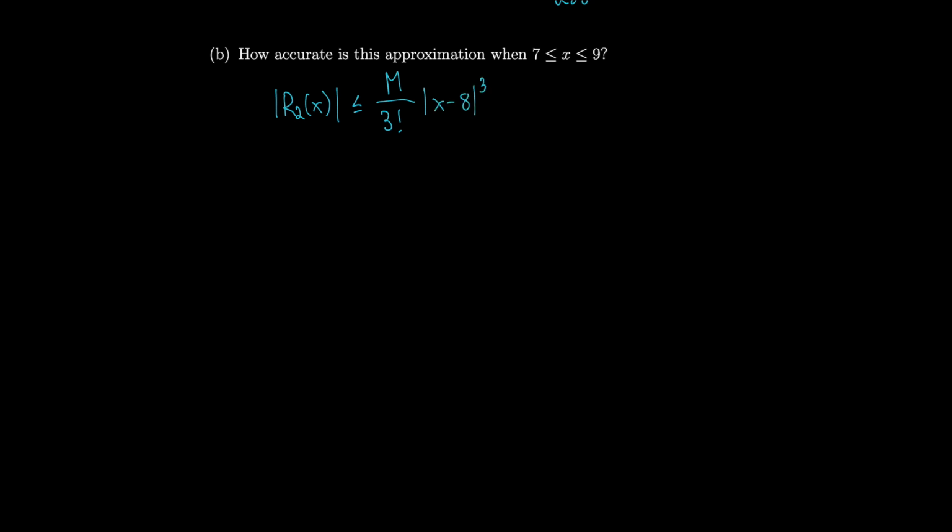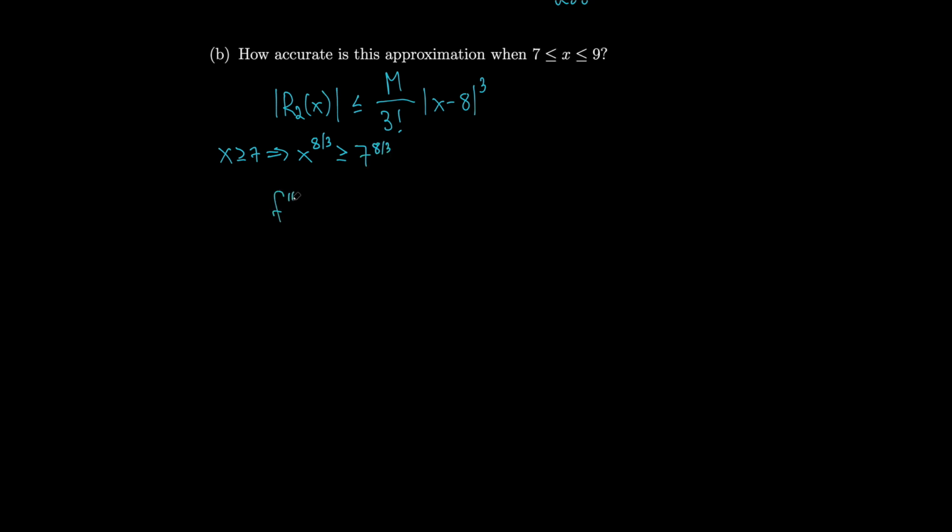So we need to find out what M is, and we need some sort of bound on x minus 8 cubed. So we know that x is greater than or equal to 7. So that implies that x to the 8/3 is greater than or equal to 7 to the 8/3.